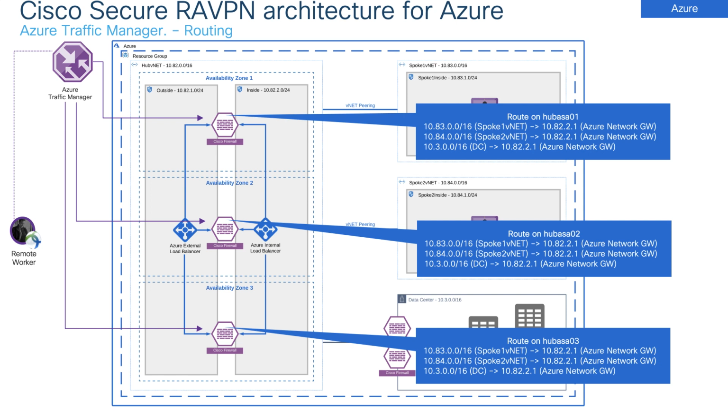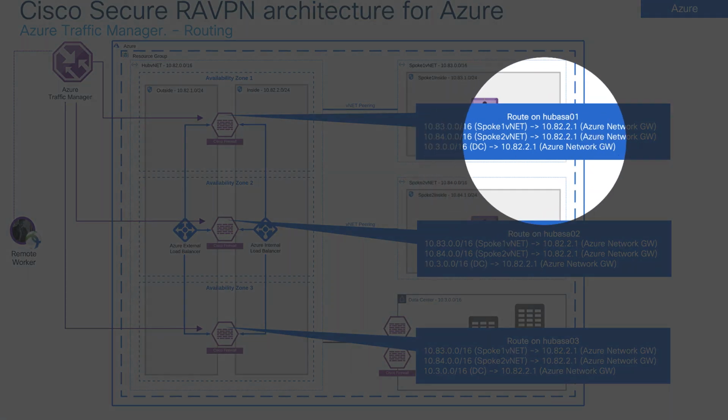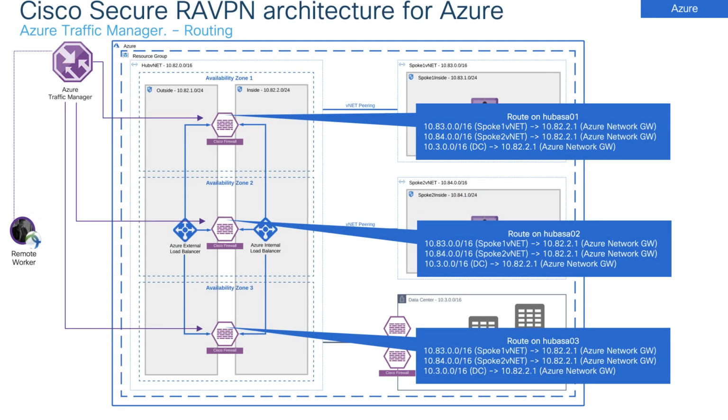Now look at the routing on the firewall. If you look at this route table that I have here, I have two routes. 10.83.0.0/16 goes to 2.1, which is the first IP address of the inside subnet, and that is the Azure network.